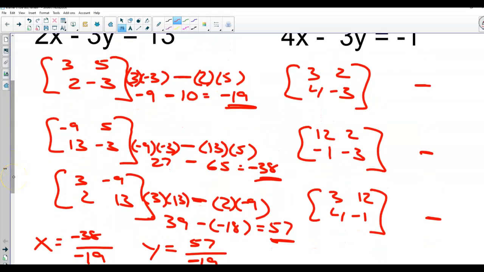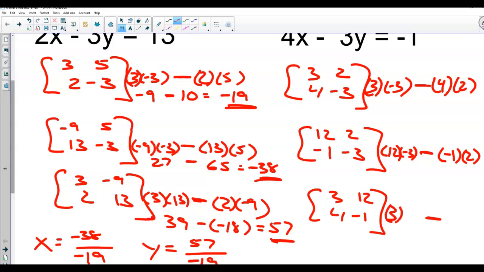And then we're going through our same order. 3 times negative 3, 4 times 2. 12 times negative 3, negative 1 times 2. 3 times negative 1, and it's so important we don't lose a sign. 4 times 12.